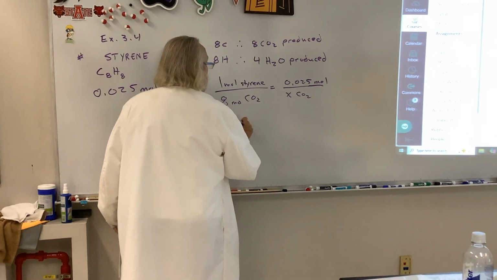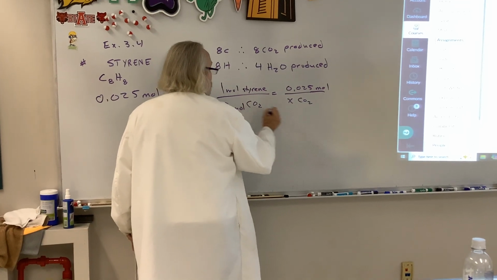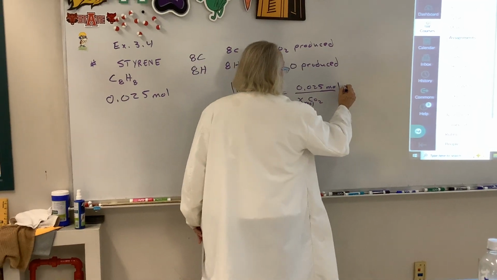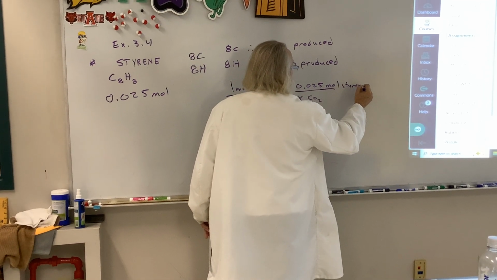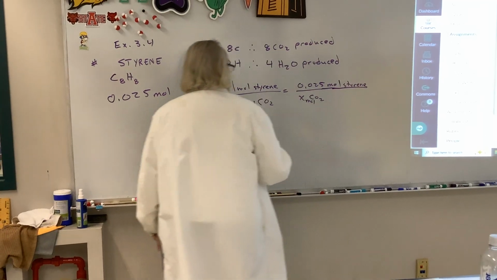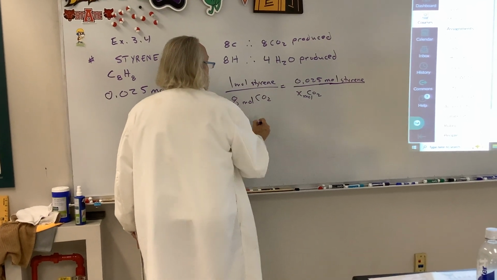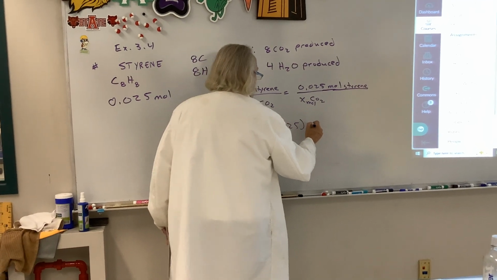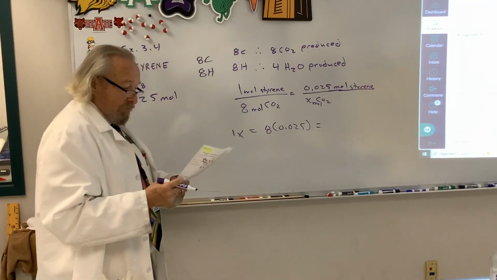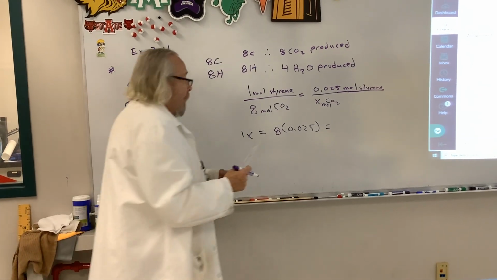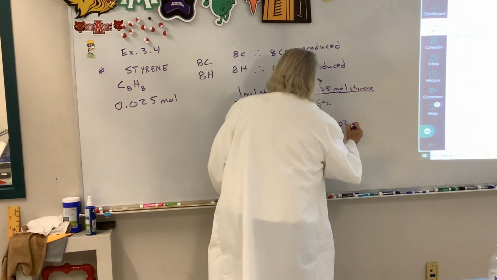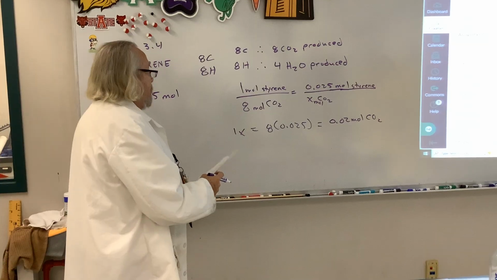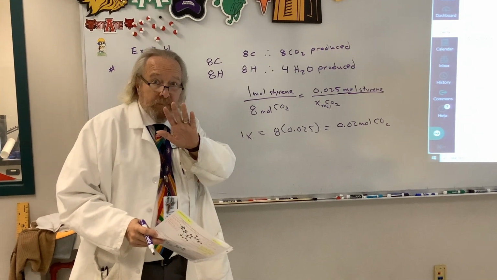So 1x equals, and if you look, our moles of CO2 will cancel out, and our moles of styrene will cancel out when we cross multiply here. And so 1x will equal 8 times 0.025, which means x is equal to, or our moles of carbon dioxide produced will be 0.02 mole CO2. That's it. That's your answer. Okay? That's one way to do it.